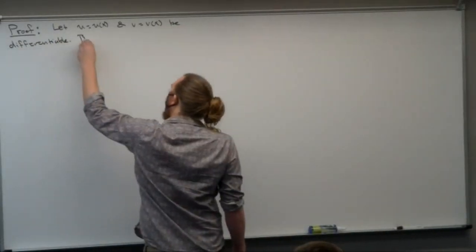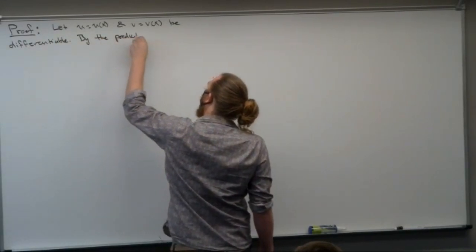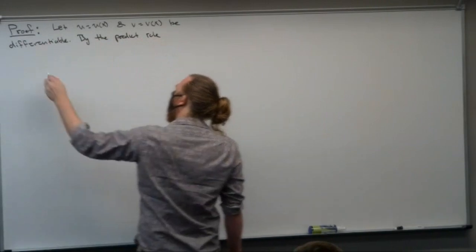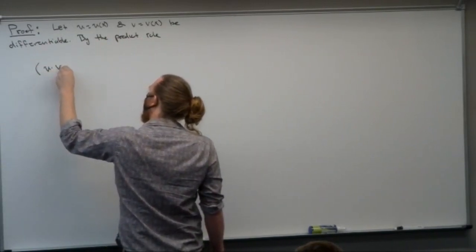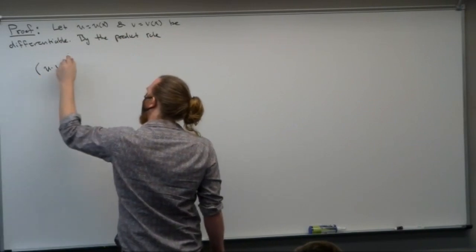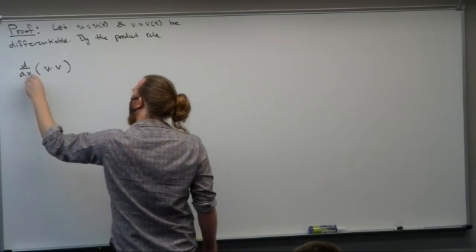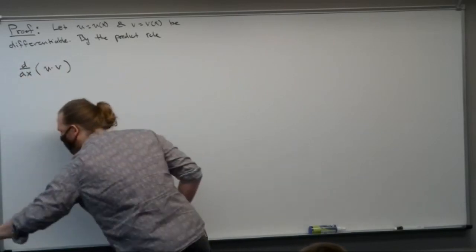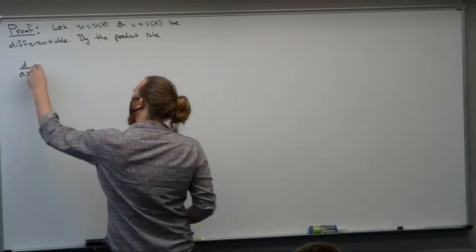By the product rule, we know that u times v, I'll use the prime notation.